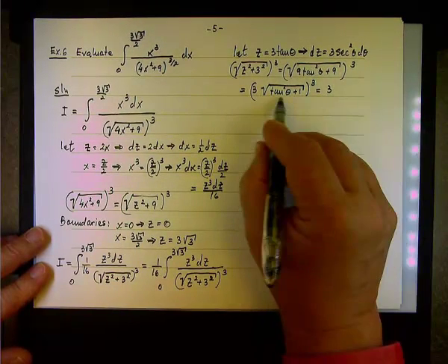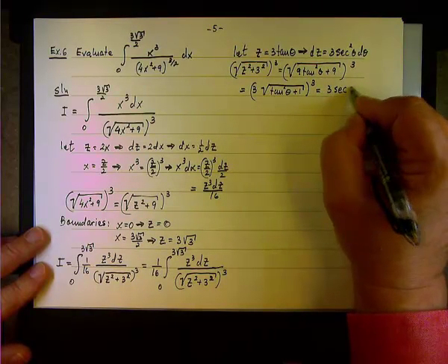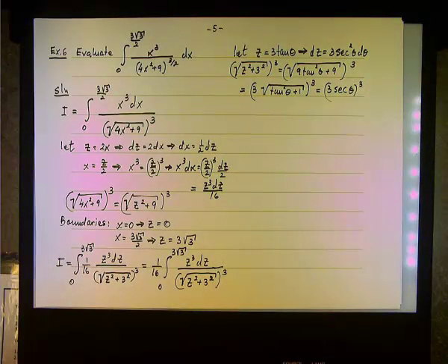So you end up having 3, and here's the square root of secant squared, so you have 3 secant cubed. So this is the denominator.